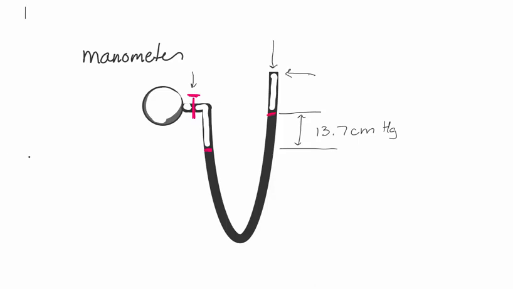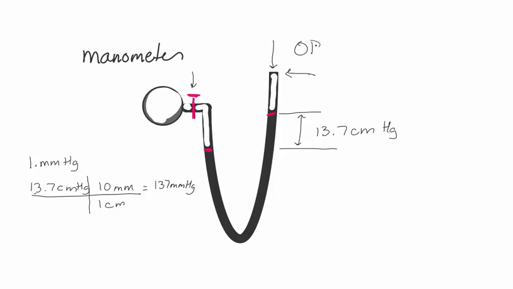Well, since I'm given 13.7 centimeters of mercury, that's a pretty easy conversion to do. I know that in 1 centimeter there are 10 millimeters, so I should have 137 millimeters of mercury, but we're not done. Because I said this is open and we are at sea level, we define the pressure of the atmosphere as 1 atmosphere, or 760 millimeters of mercury.